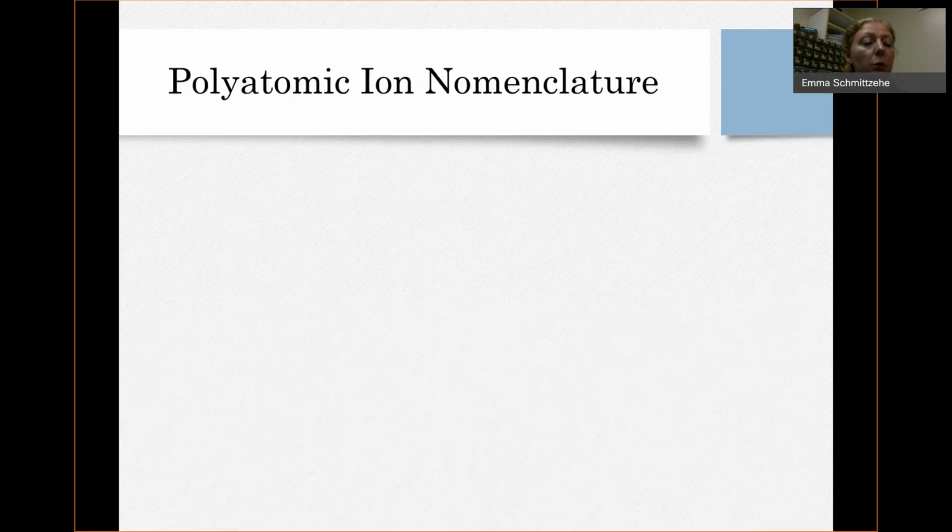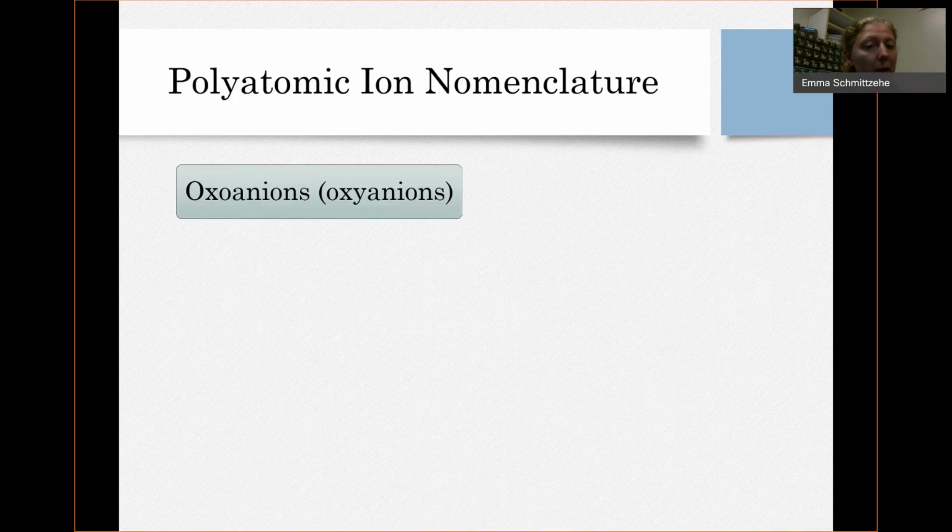This would include oxoanions, or in other words, oxyanions. You can interchange those.